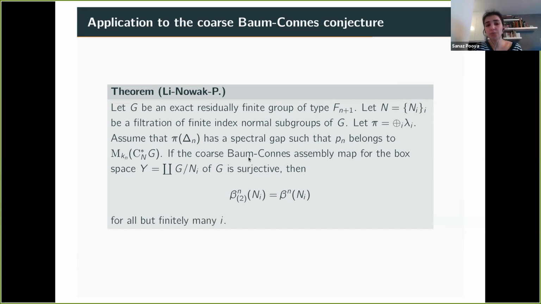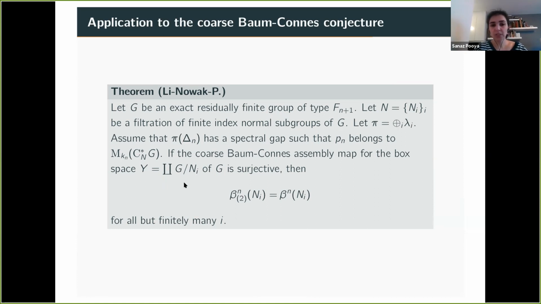Now, if we assume further that the coarse assembly map is surjective for the box space associated to this filtration, then we get this equality between L²-Betti numbers and Betti numbers of this filtration when we go far into the sequence.